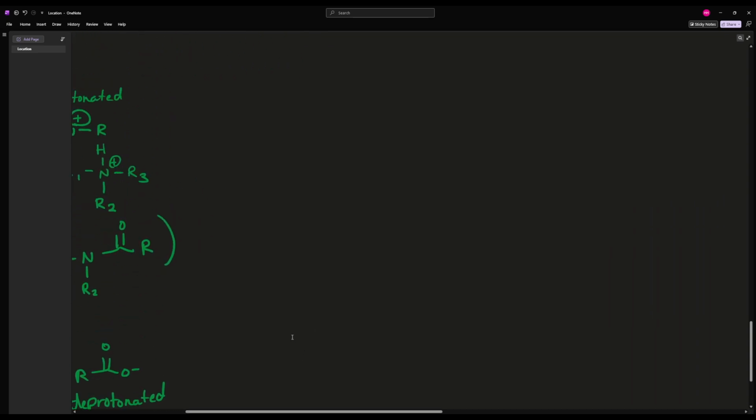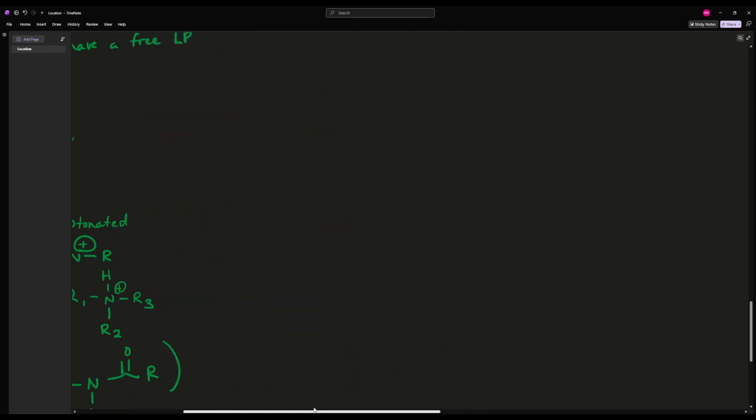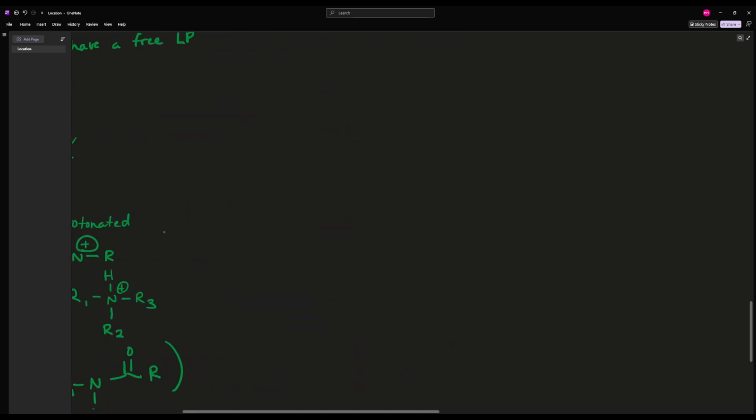All right, moving on to our next few ones. We can start off with the thiol. Thiols, just like alcohols, there's that OL.